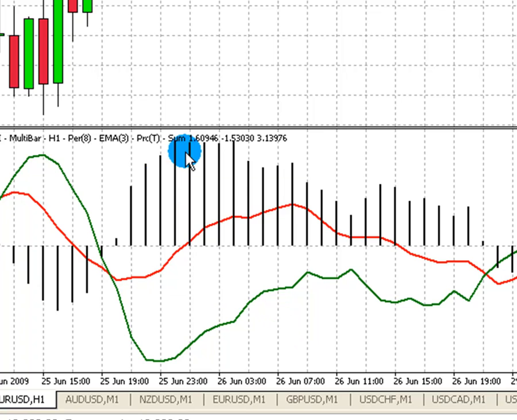The black histogram here is the difference of these two. So you can see in this area here, the euro is stronger than the dollar because it's positive, but the euro is coming from a negative position and rising, but the dollar is coming from a negative position and rising as well. So you can also see sort of the strength of a move based on where the currencies are coming from, if they're rising or falling.